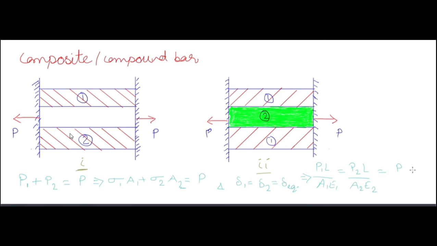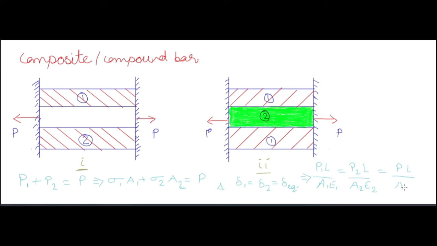So P1 into L by A1 into E1 is equal to P2 into L by A2 into E2. So E1 and E2 are the modulus of elasticity of 1 and 2. And P1 and P2 are the load or force induced in 1 and 2, and sigma 1 and sigma 2 are the stress induced in 1 and 2.